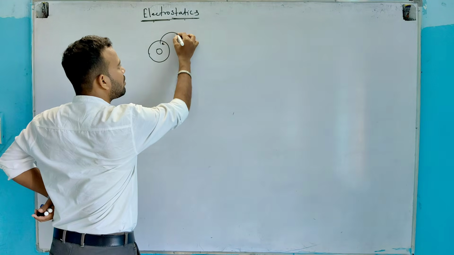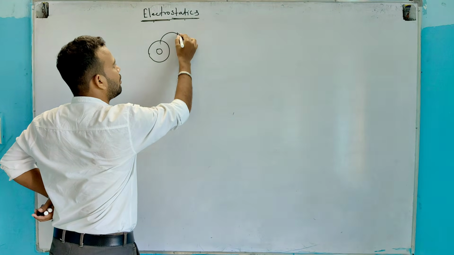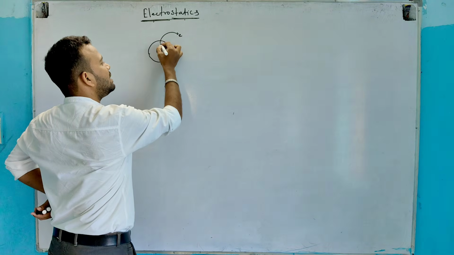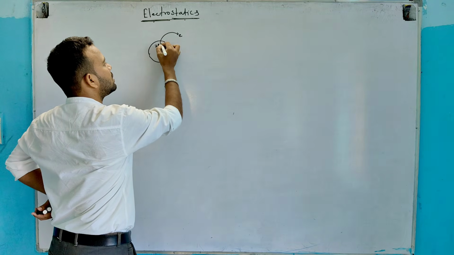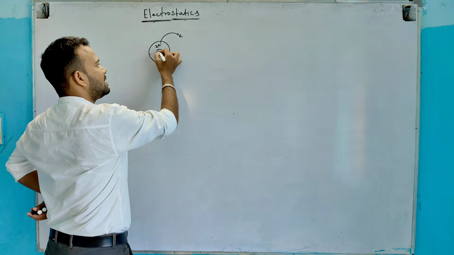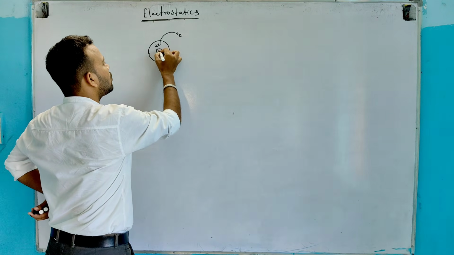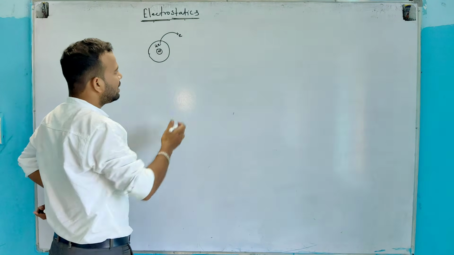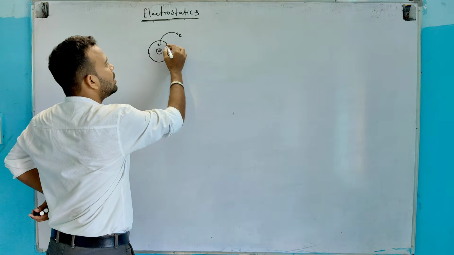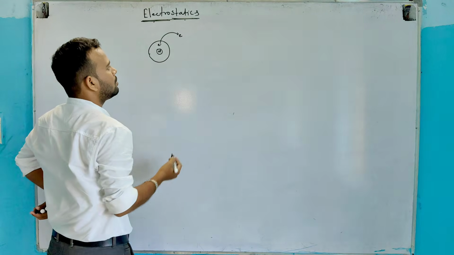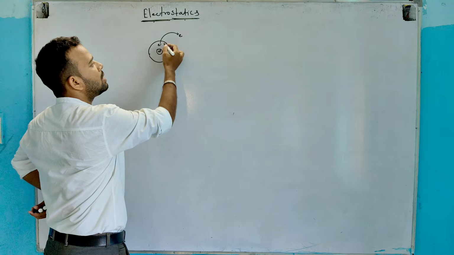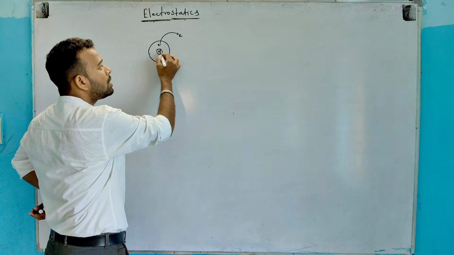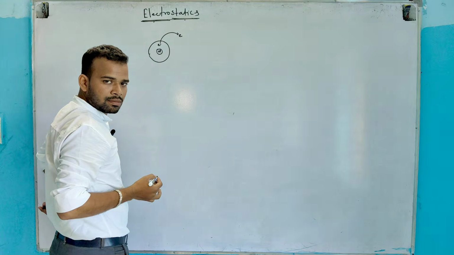If this electron is removed from this atom, then what happens? Suppose in this atom 2 electrons are present. As 2 electrons are present, 2 protons should be present, because suppose this is a helium atom. If 1 electron comes out from the atom, then only 1 electron is present inside the atom, and 2 protons are present inside the nucleus.